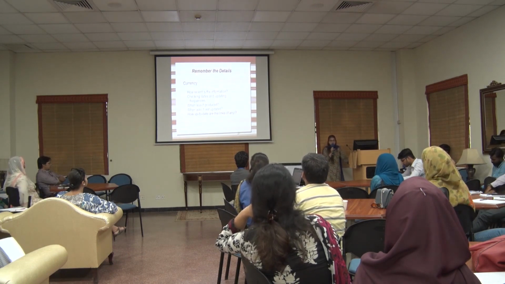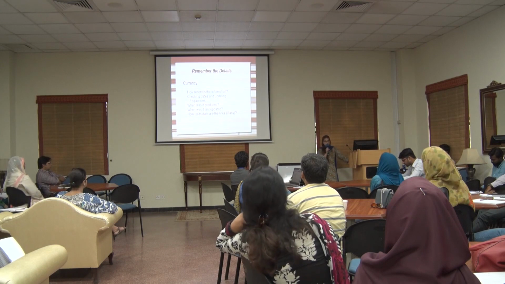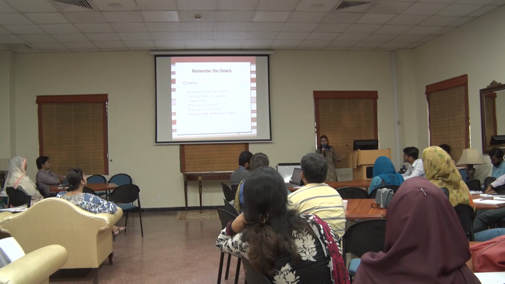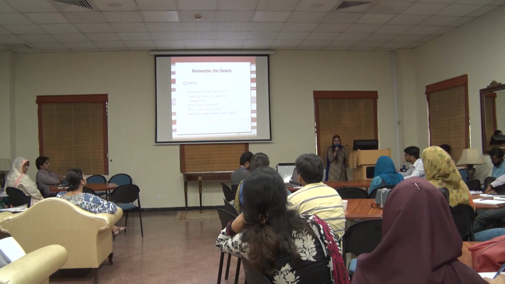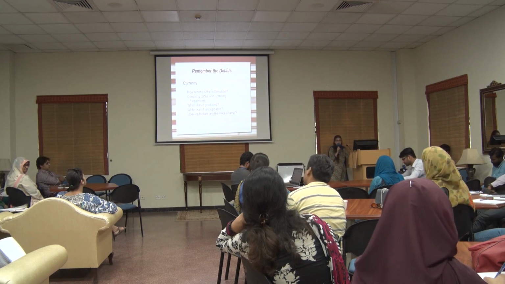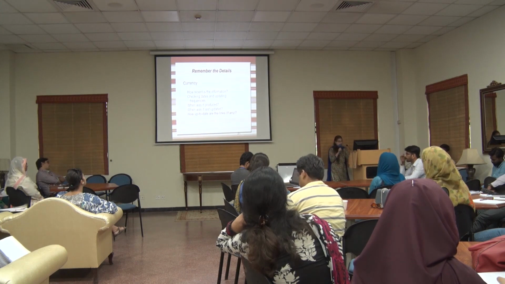Currency means how recent or current the information is. For those in the sciences, obviously they need the most recent information, so for that you need to check currency. You can get this from the publication date as well. When was it produced?